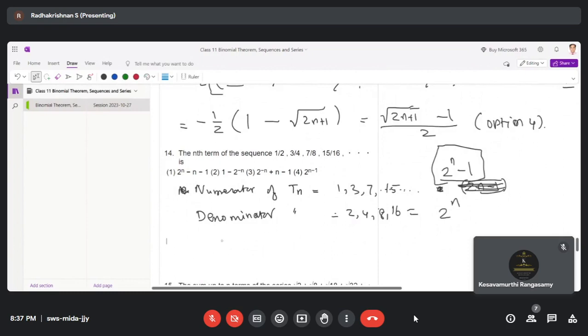Therefore, the nth term is 2 to the power of n minus 1 divided by 2 to the power of n. So which option does it come to?